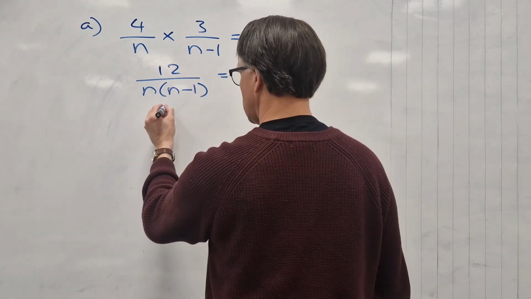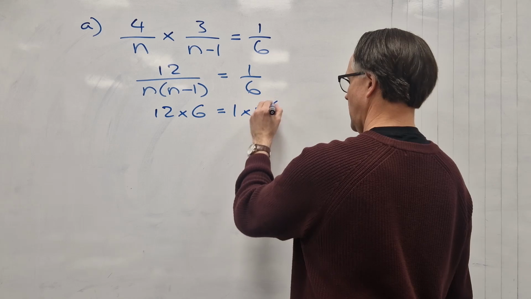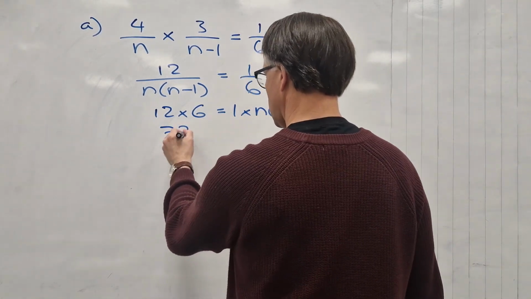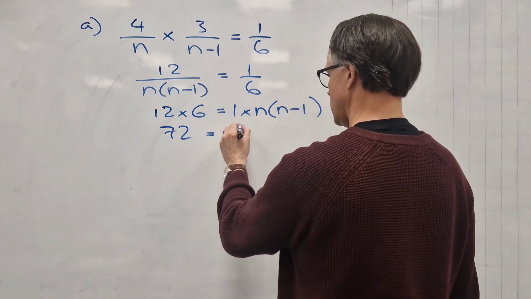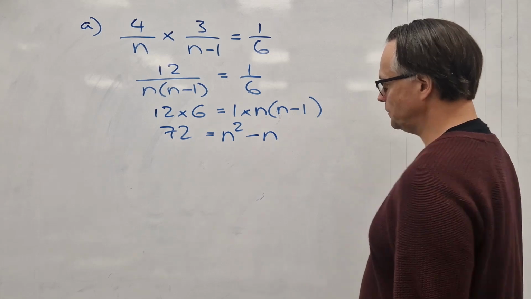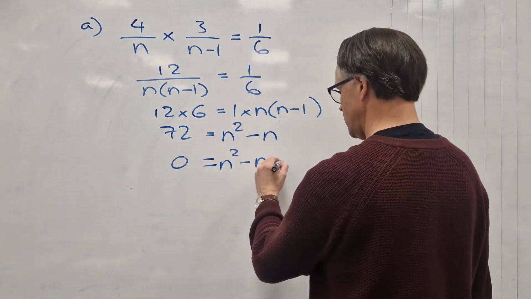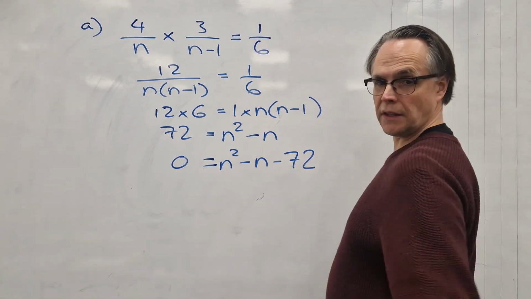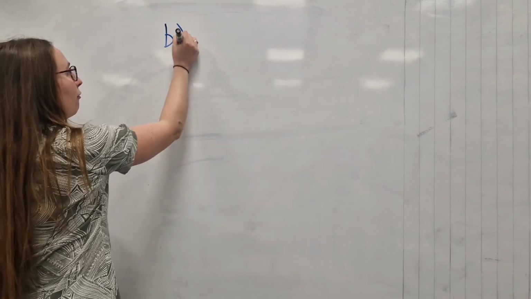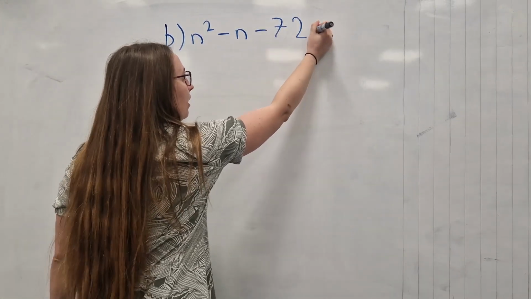So 12 times 6 and 1 times n minus 1, which gives us 72 equals, because the 1 times doesn't obviously do anything, that. And if I bring the 72 over by subtracting 72 from both sides, we get the equation that we want.